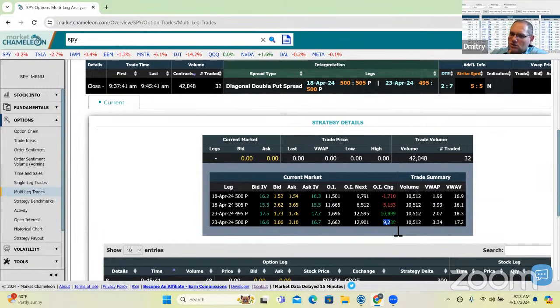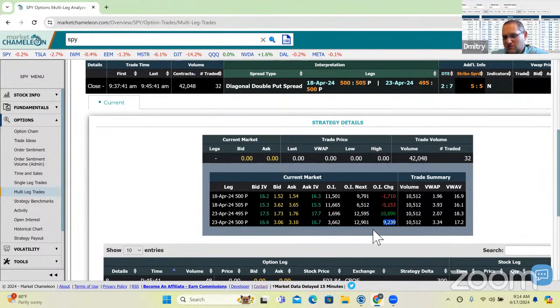So there's other options trading around there, right? Those are probably not the only options that traded, but just looking at how this open interest looks like it declined in April 18th, increased.